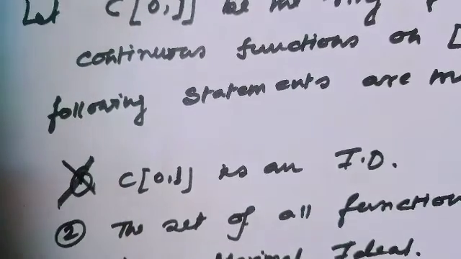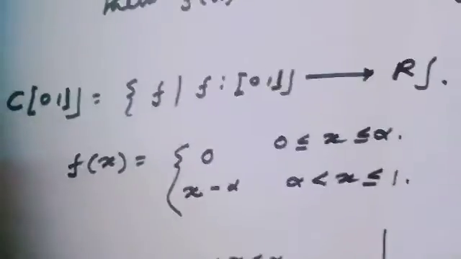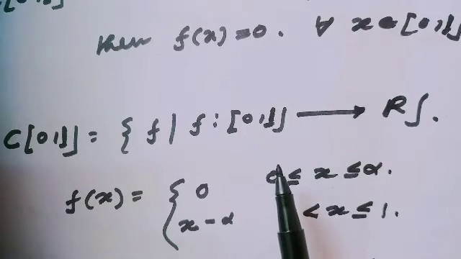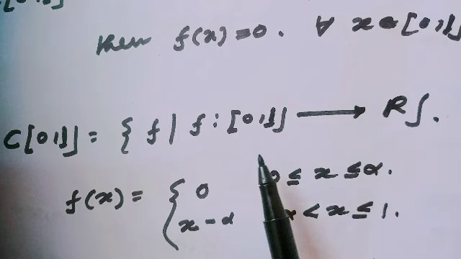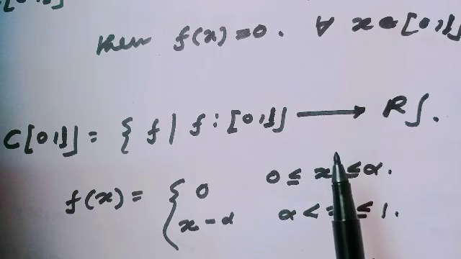is the wrong option, because I had seen in my earlier video that C[0,1] means the set of all functions defined from [0,1] to R which are continuous.